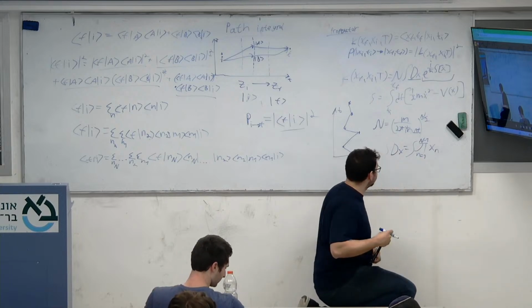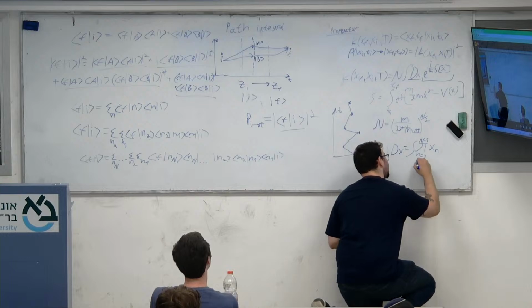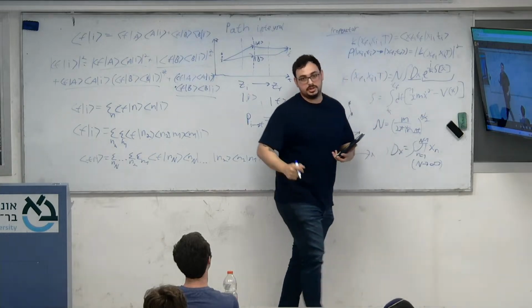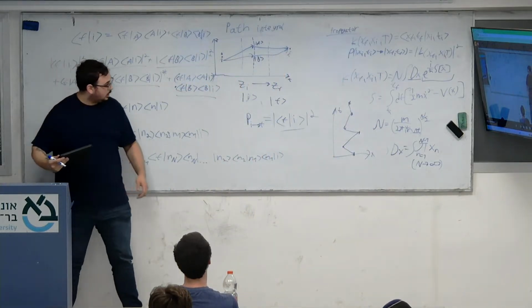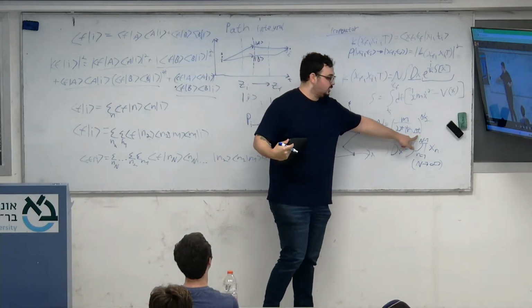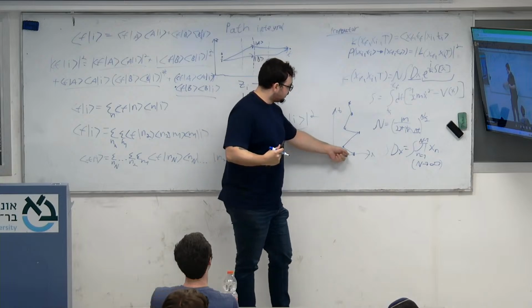So there's no summation over it. Of course, we would like to take N goes to infinity if we can, and this delta t will be the time difference between each step.